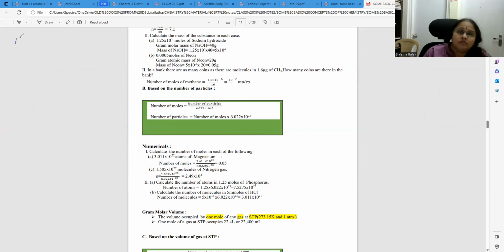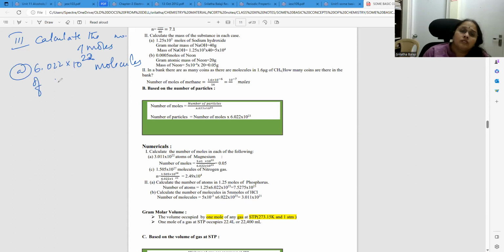So calculate the number of moles. 6.022 into 10 power 22 molecules of carbon dioxide.